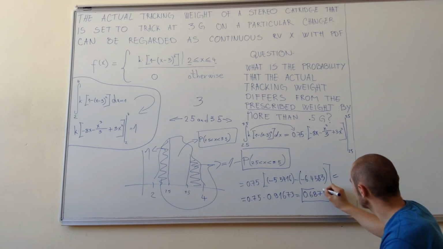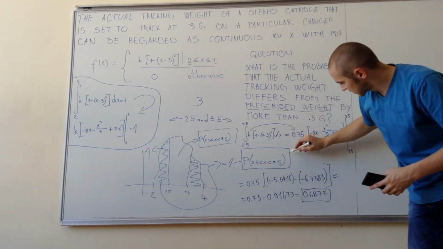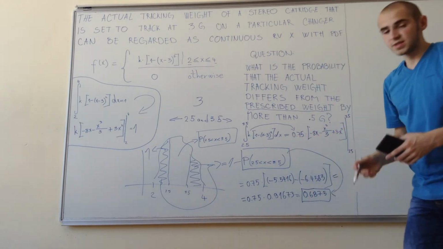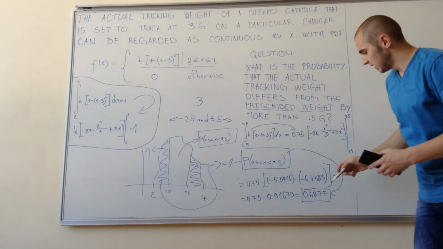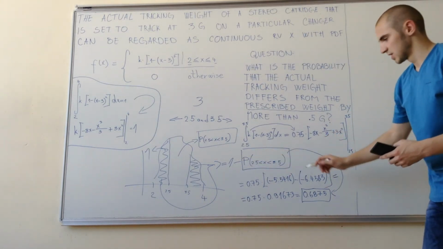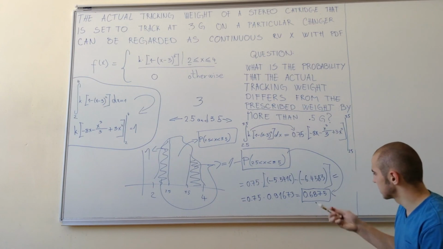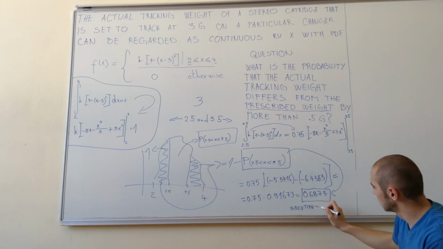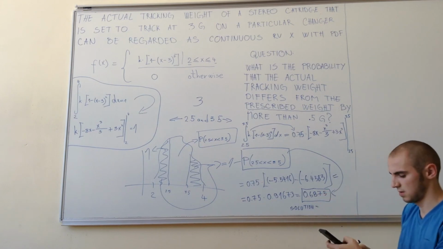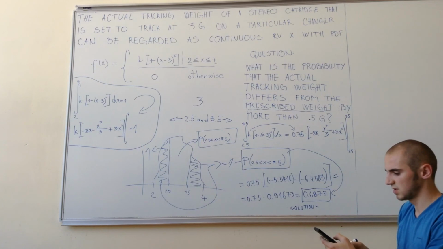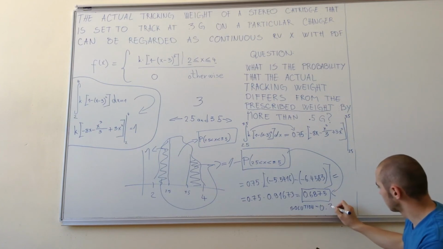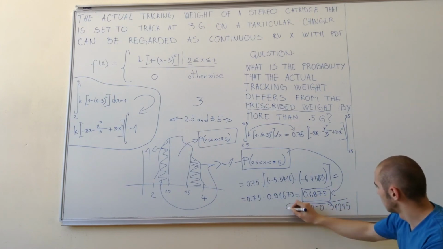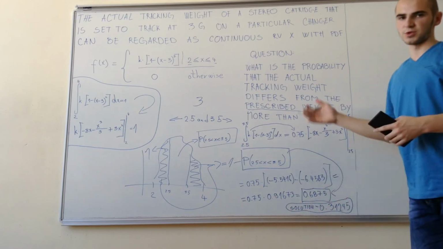But remember, this is only the probability of being within the range. The solution for our question will be 1 minus this probability. So our solution is equal to 1 minus this, which is 0.31245. And that is our solution for this problem.